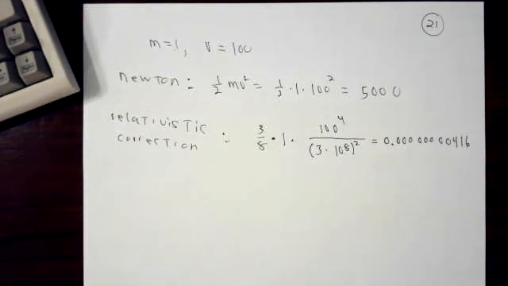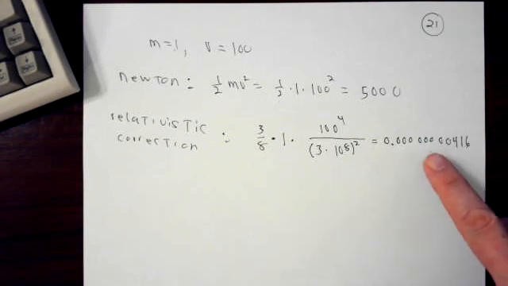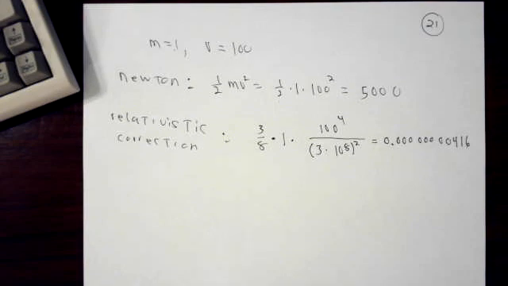So I'm going to have to calculate 3/8 times 1, that's the mass, times 100 to the 4th power, which sounds big, until you realize you're going to divide it by 9 times 10 to the 16 power. After doing it on my calculator, this is how different the relativity prediction is from the Newtonian prediction.